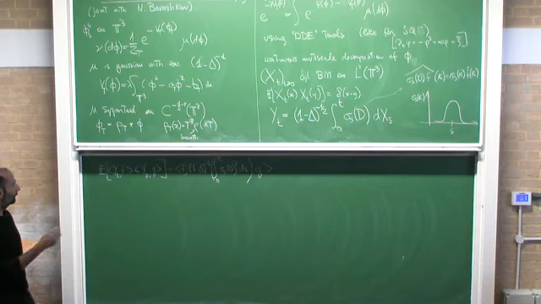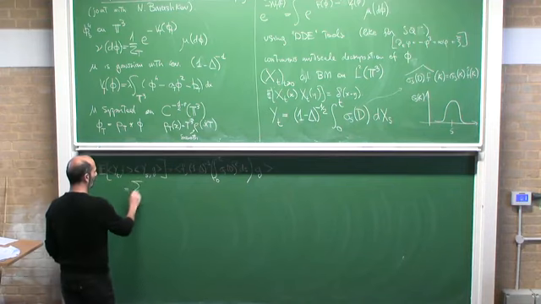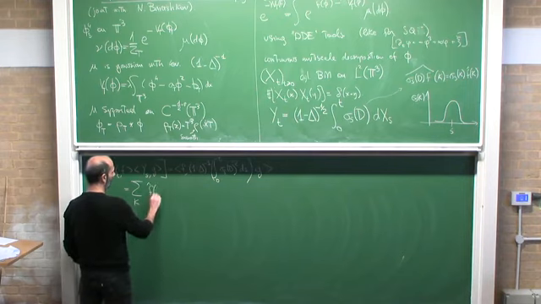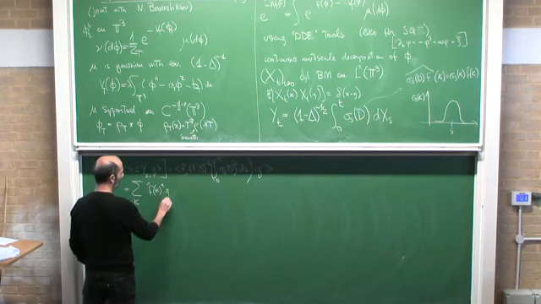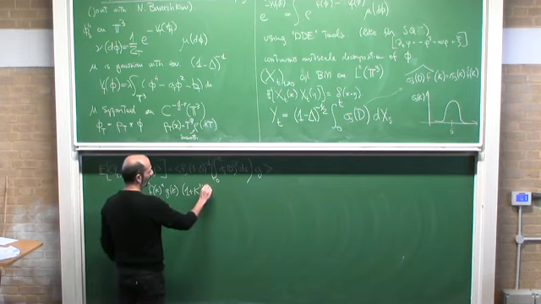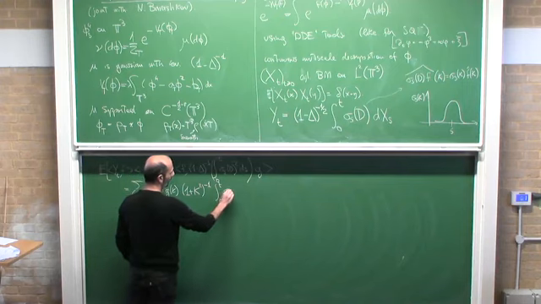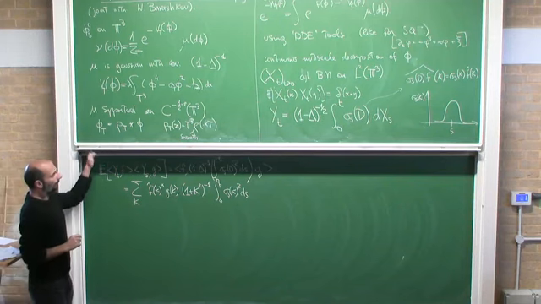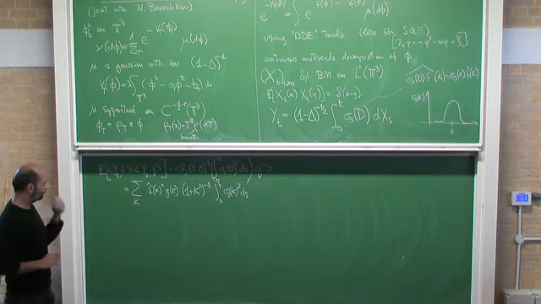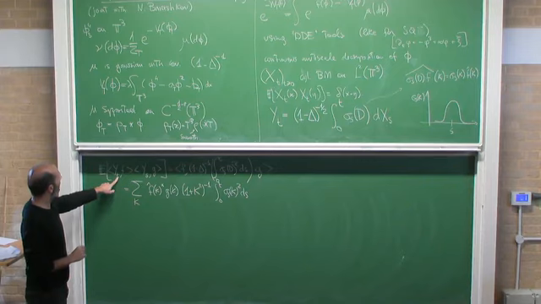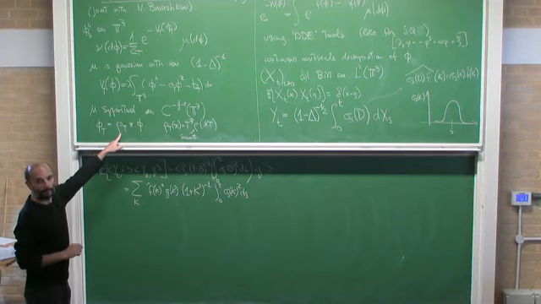Meaning that if you look at this in Fourier space, then it looks like this, and then the integral. So at the end of the day, you would like this object to have the same law as this one.